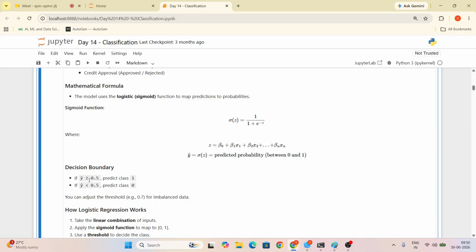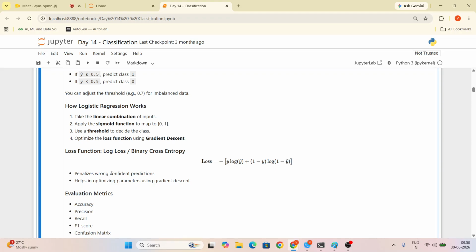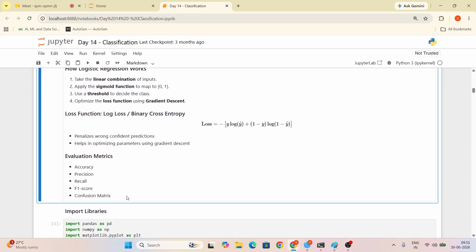If the students get greater than or equal to 50 percent, they are in the pass class, and the remaining are the zero class, the failed category. We apply the formula, and using the loss function we will check the loss score, how much loss they are getting. It penalizes wrong confident predictions, so try to get better predictions. And the evaluation metrics are accuracy, precision, recall, and confusion matrix.